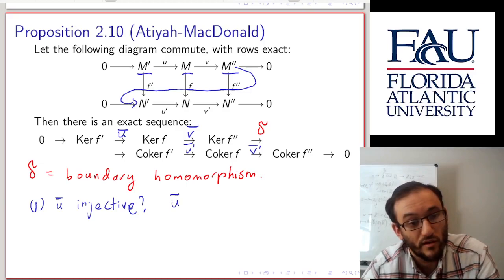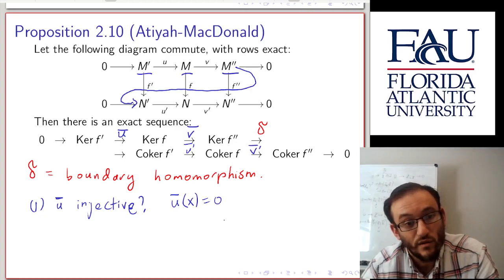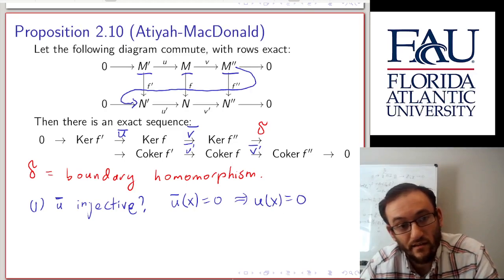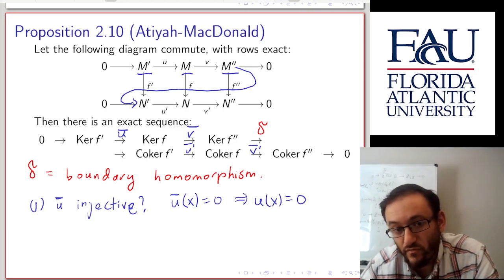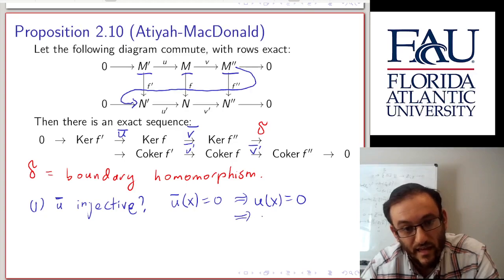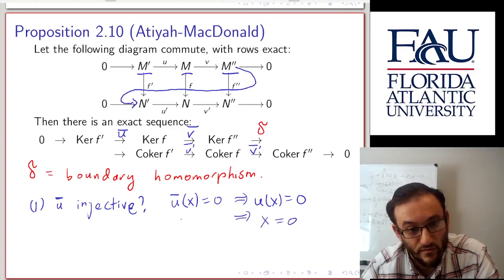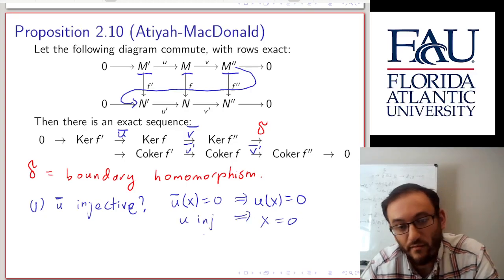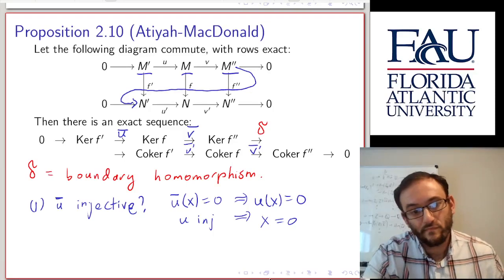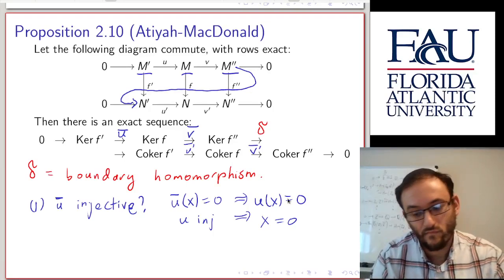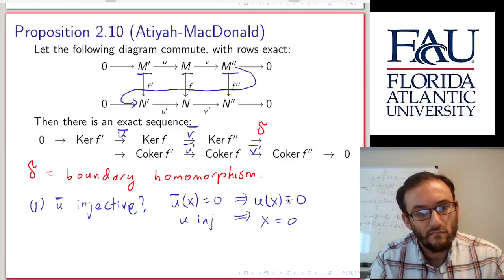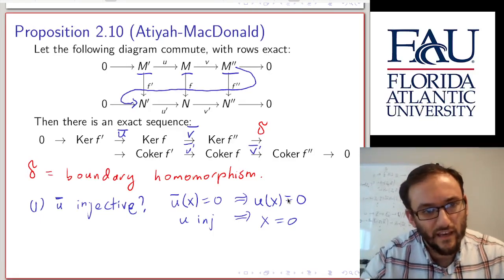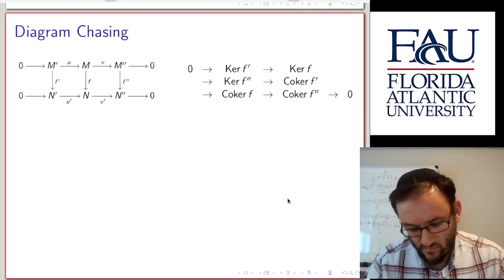Okay, so u bar of x equals 0. Well, that means that u of x equals 0. And by injectivity of u, that means that x equals 0. So u bar is injective. That wasn't particularly hard. That one is kind of easy, so we'll try another stage of this.